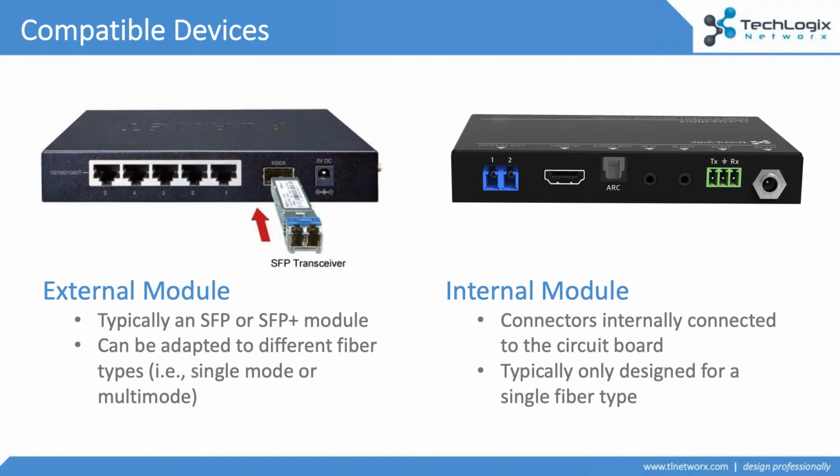Usually that's an SFP module or an SFP plus module, meaning that fiber module can be popped out of the device and a new one can be popped in. The reasoning for that is you get the flexibility of adapting the electronics between single mode fiber and multimode fiber. Okay? It's a hard thing to do with an internally connected connector, an internal module.